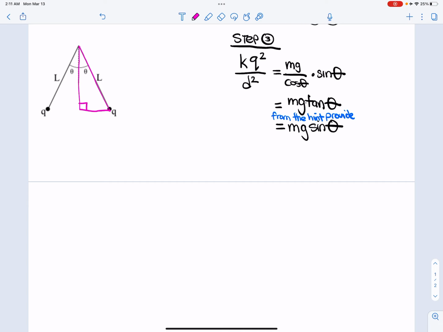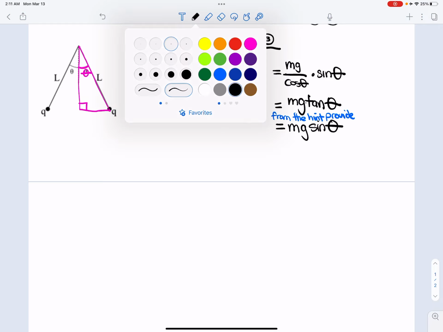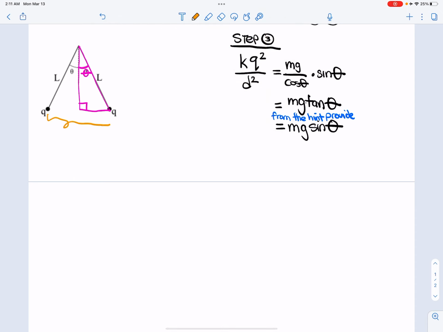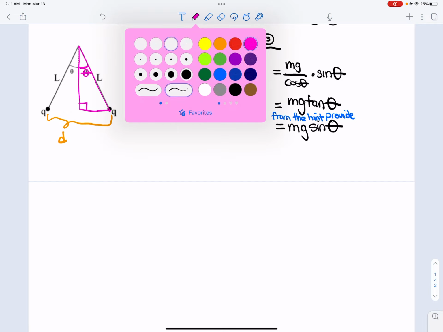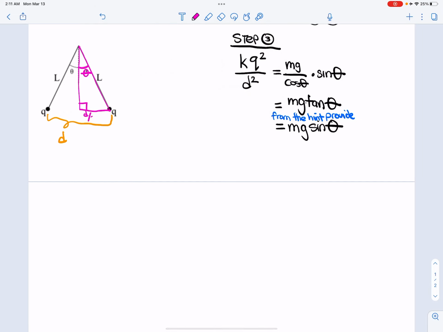This is a right triangle, and this angle is theta. It was provided in the problem that the distance between the two charges was d. So if that's d, then this distance is d over 2, since both these angles are theta. And this hypotenuse is of length L.